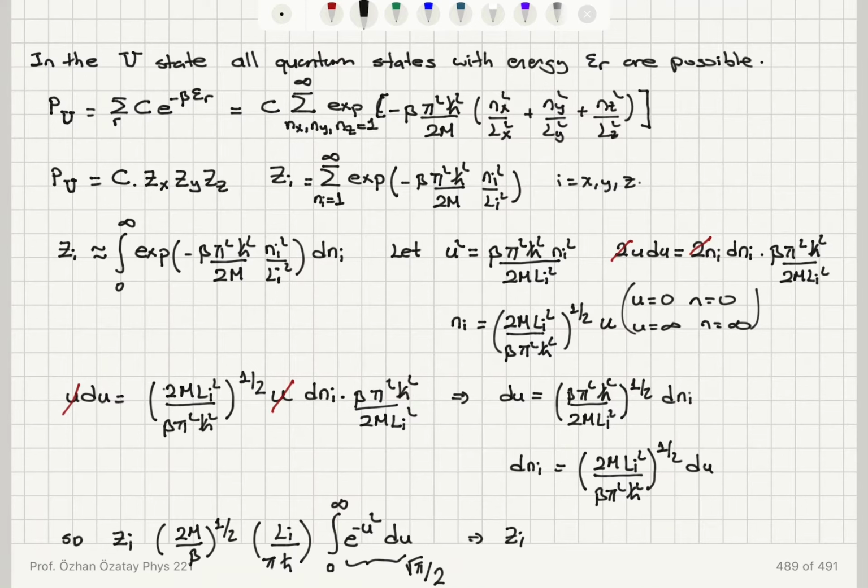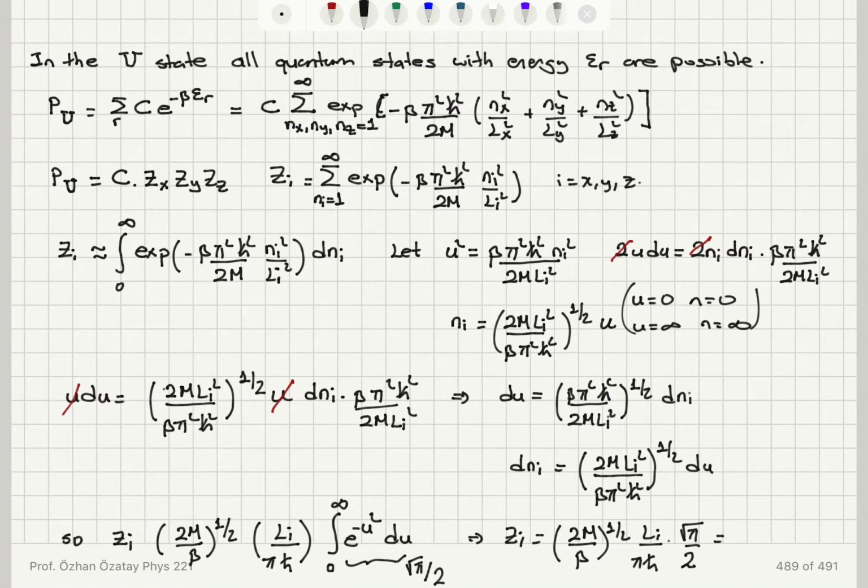Therefore, I see that my partition function Zi becomes 2m divided by pi to the power 1/2, li divided by pi h bar, multiplied by square root pi over 2.